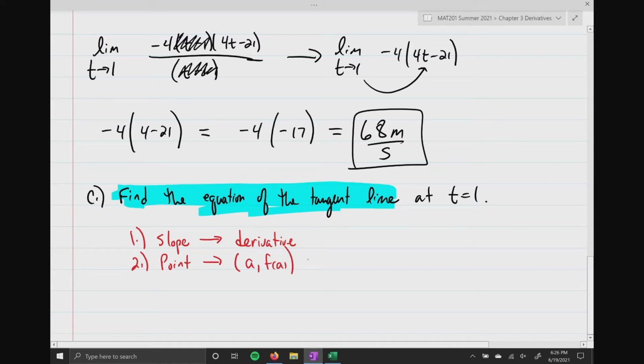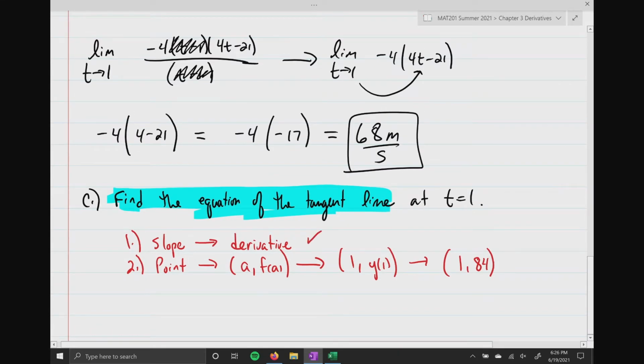Well, in our case here, we're concerned with t equals 1. So in order for us to find this point, we need to evaluate y of 1. Well, we already know from earlier, our point is going to be 1 comma 84. So I have my derivative, check. I have my point, check. I can find the equation of the tangent line here.